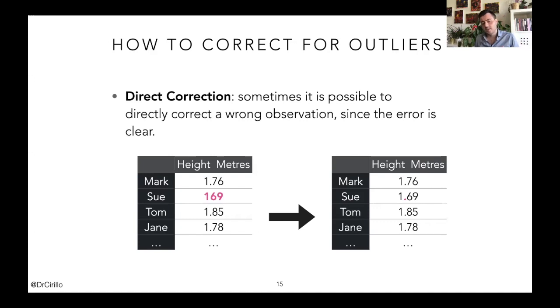So what I can assume somehow safely, and in any case, this value will not change the result of my analysis, that would be robust if I'm interested in the average height of people with respect to one of these values, I can think that maybe my collaborator, my friend, my colleague, whatever, just forgot to write down the dot. So the value is not 169, but it can be corrected to 1.69, okay? This is what we call direct correction.